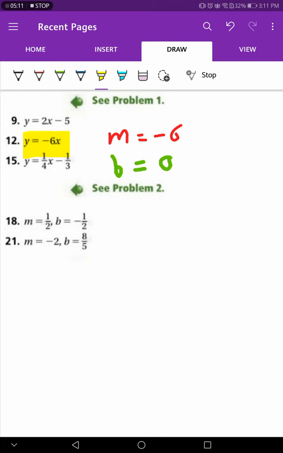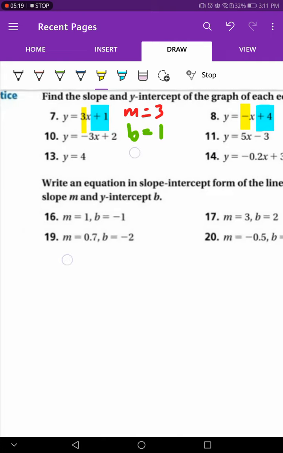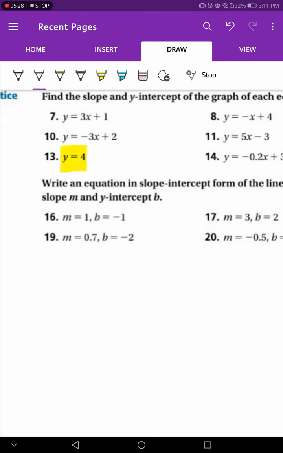Don't sleep, my dear student. The coming one is very interesting. Come here. And the question for you now. Now we are in question number 13. What is m? What is b?